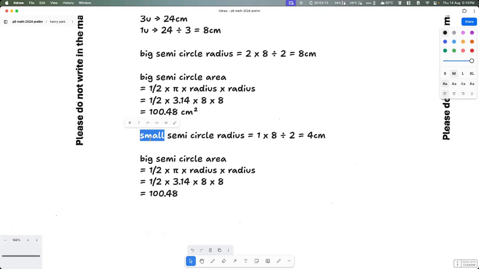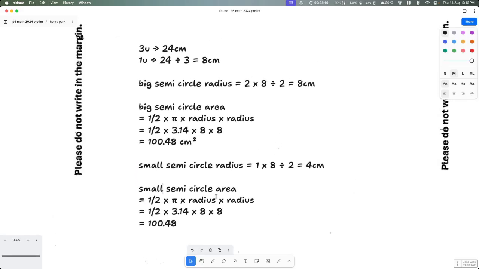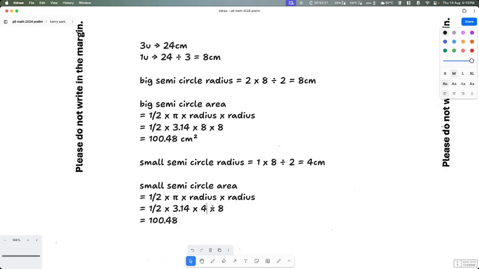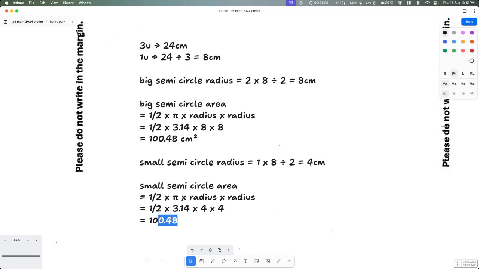So for the small semicircle, it's basically half times pi times radius, which is 4 times 4. So half times 3.14 times 4 times 4 is 25.12.